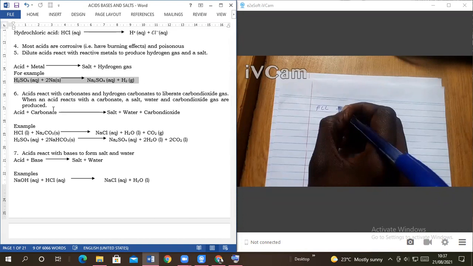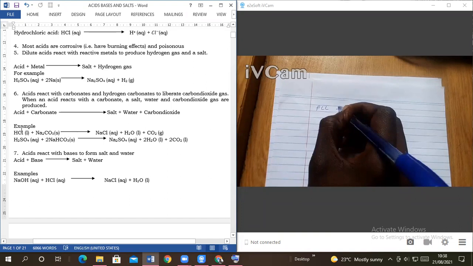So if you react it with sodium carbonate here, you get sodium chloride, water, and carbon dioxide gas. Those are the end products. A salt is this, sodium chloride. Water, which is this, and then carbon dioxide gas.